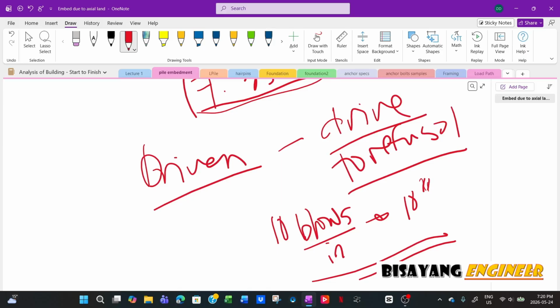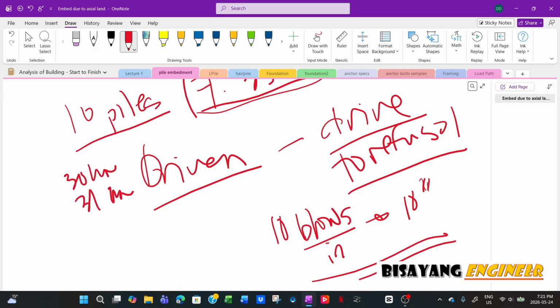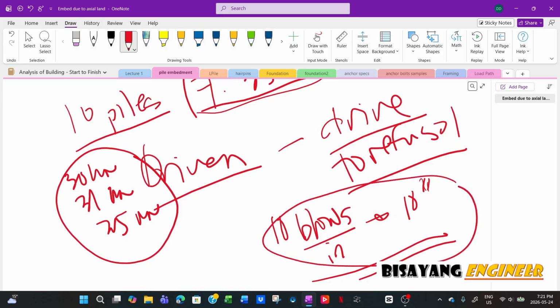For example, you have 10 piles, and your loads are say 30 kilonewton, 31 kilonewton, 35 kilonewton. If the loads are close to each other, you can just design one pile and say, okay, drive to refusal.